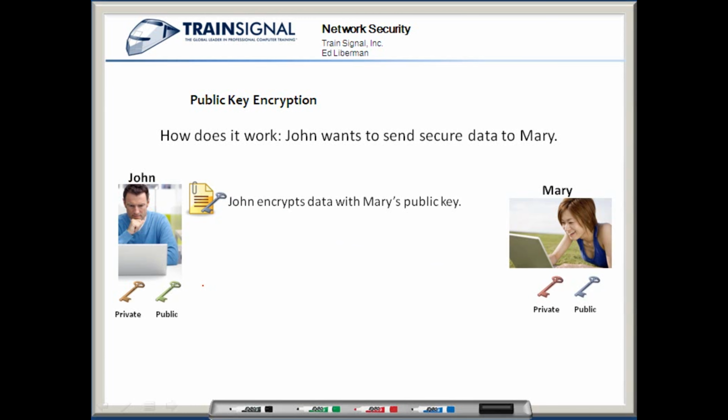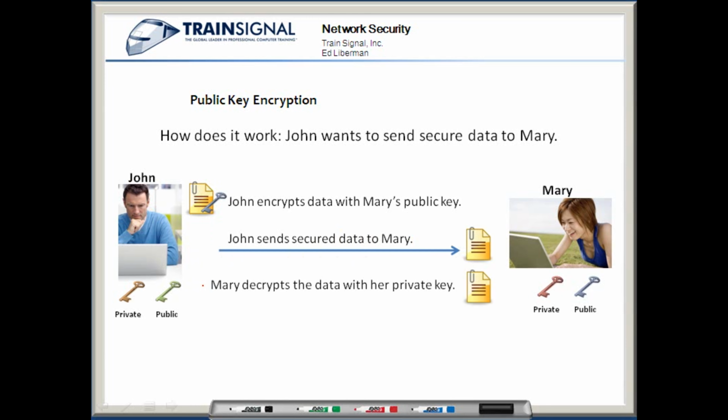Sure he does. Everybody has access to Mary's public key. It'll be stored in a publicly accessible location, and it's available to everybody. So John will take Mary's public key and encrypt the data. So now the data has been turned into ciphertext, and John will then send that secured ciphertext across the network over to Mary.